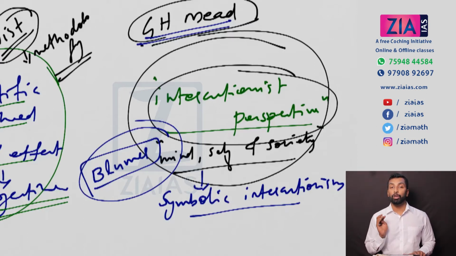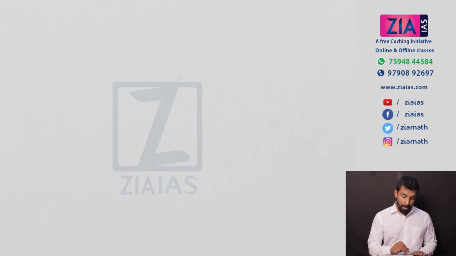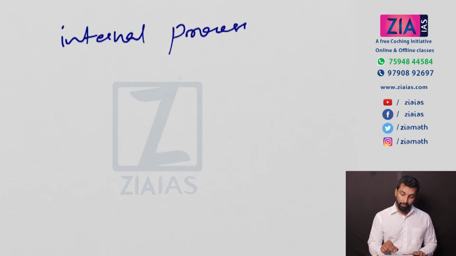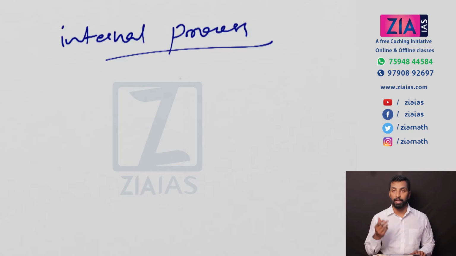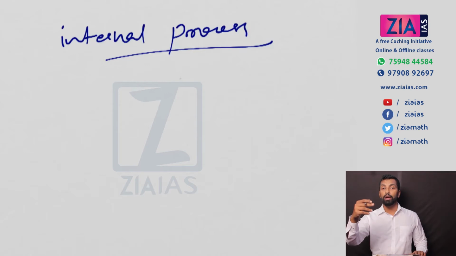According to Mead, human behavior is governed by internal processes by which people interpret the world around them. Okay, so human behavior is governed by internal processes by which people interpret the world around them and give meanings to their own life.